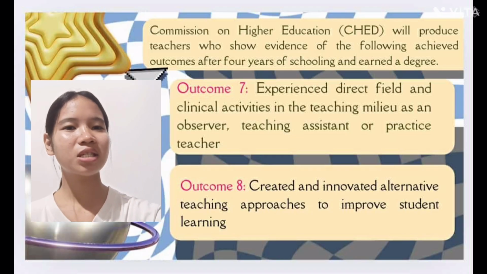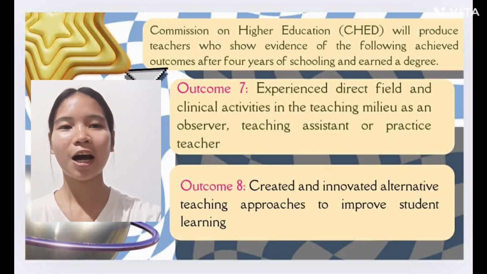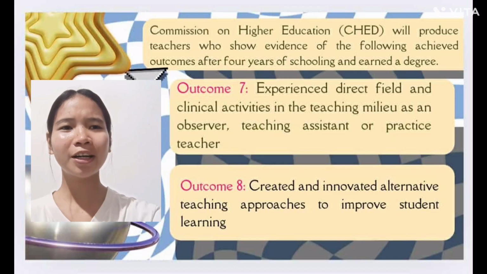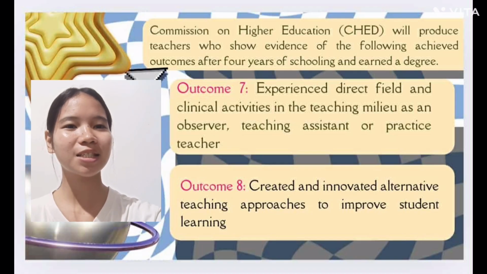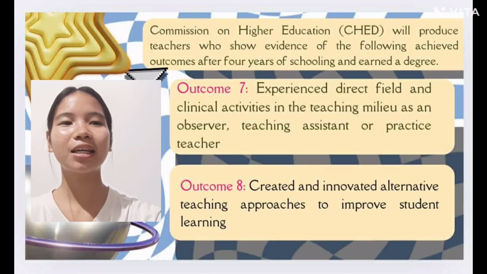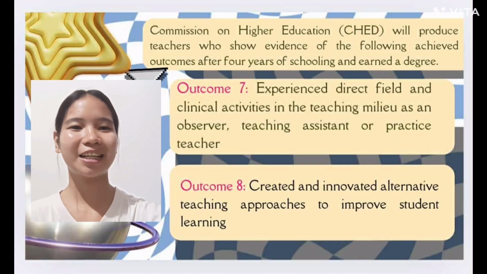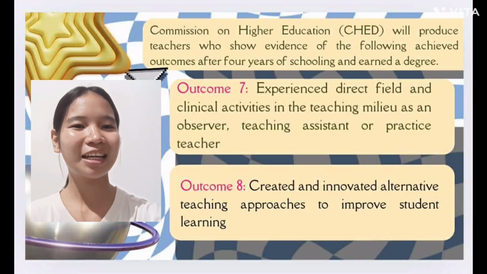So instead of just writing on the board, a teacher can use interactive apps like Kahoot or create mini group projects where students act out lessons. Like during the pandemic, many teachers used online games or TikTok-style videos to help students learn better. That's innovation.